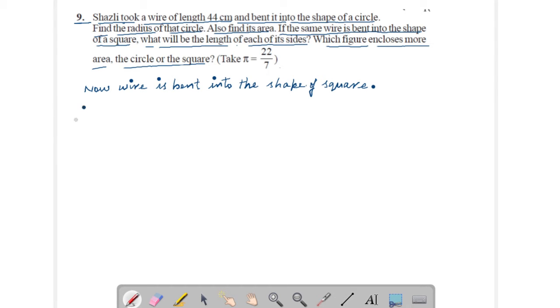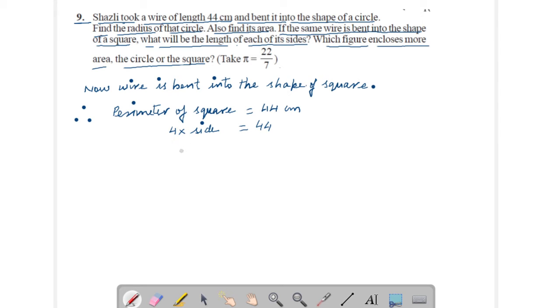Therefore, perimeter of a square equal to 44 centimeter. How will you find perimeter of a square? It is 4 into side equal to 44.